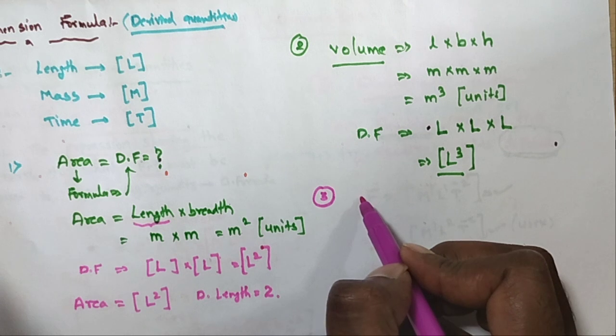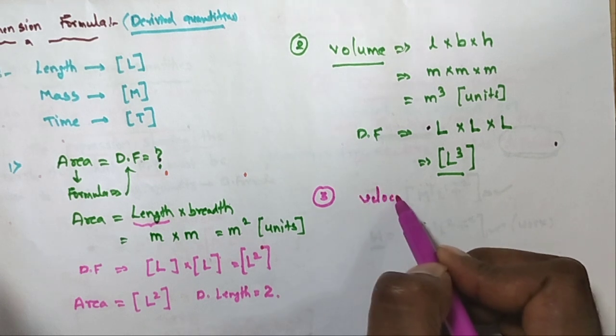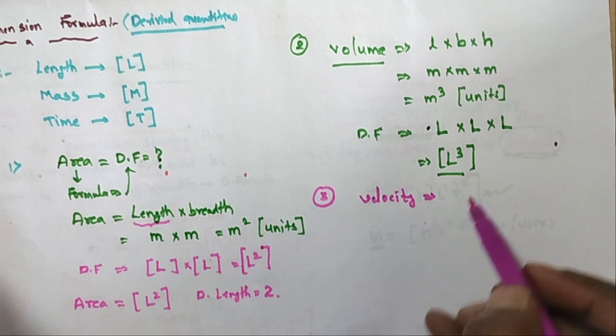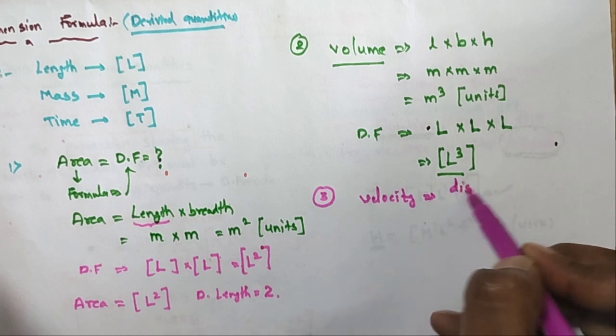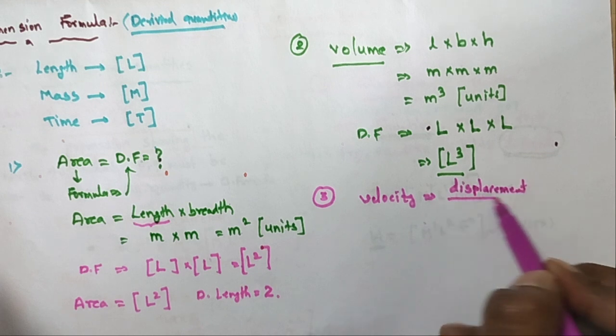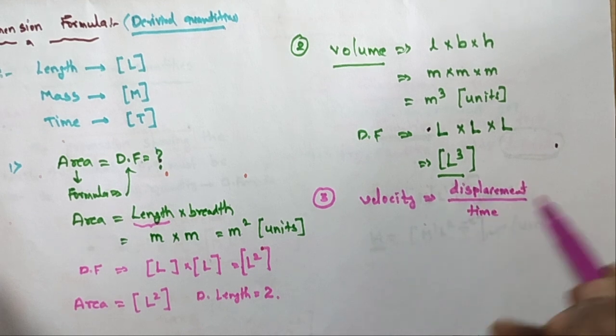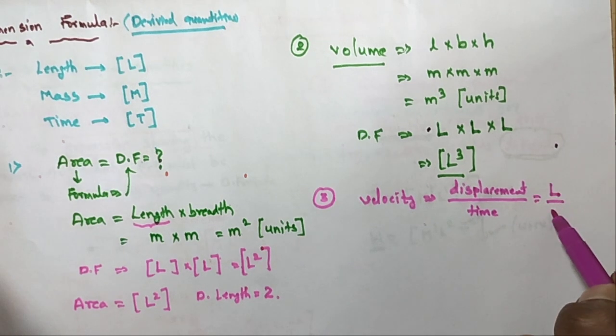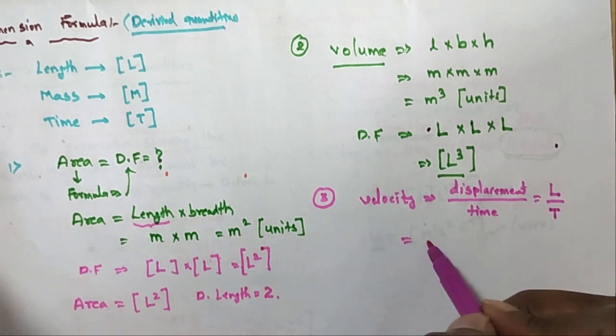Third one, velocity. What is the formula of the velocity? The velocity is equal to displacement by time. The displacement is a measurement of length, and time is T. So that is the velocity dimensional formula.